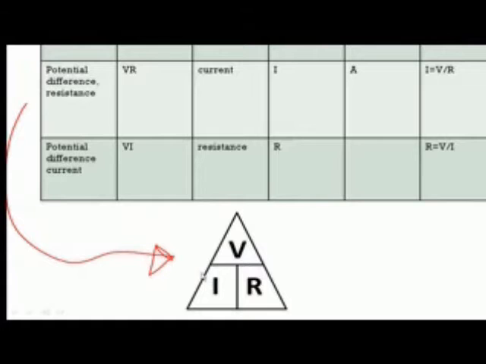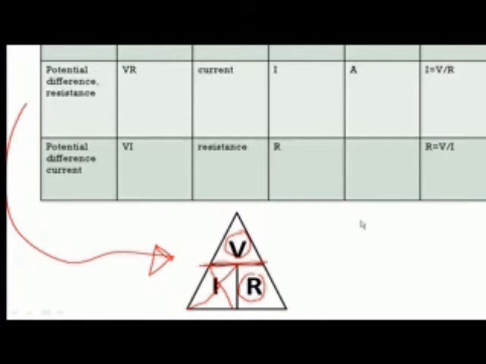We do not have current, so we cross out current, because that's what we have to find. We're left with the potential difference and the value for resistance, and the line separating both of them is the dividing line.